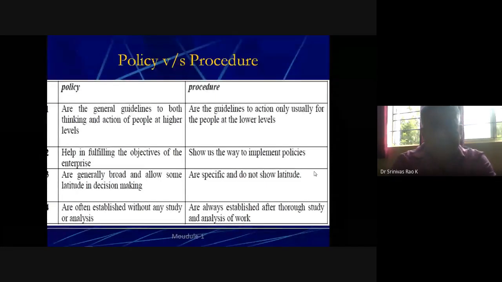Now the policies are generally broad and allow some latitude in decision making. Procedures are specific and do not allow latitude.